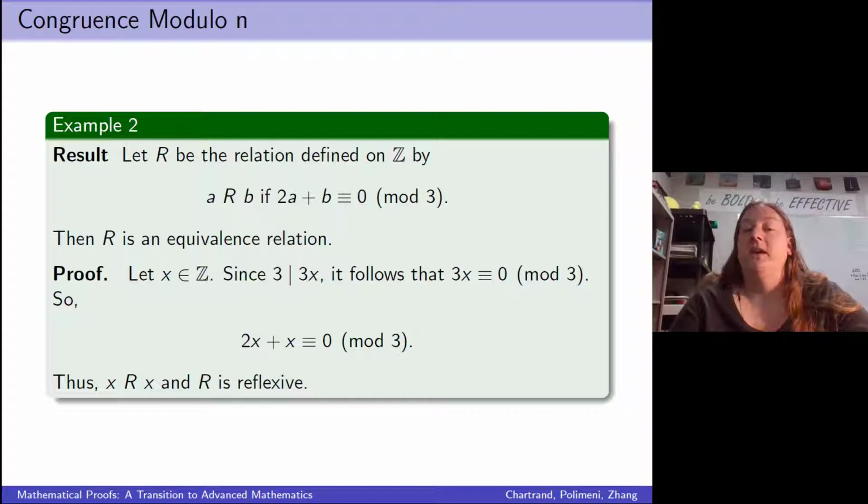Since 3 divides 3x, it follows that 3x is congruent to 0 mod 3. So if we substitute x for a and b, we get 2x plus x, which is 3x. It's congruent to 0 mod 3. Therefore, x is related to x, and our relation is reflexive.